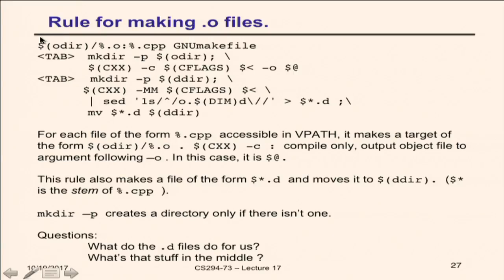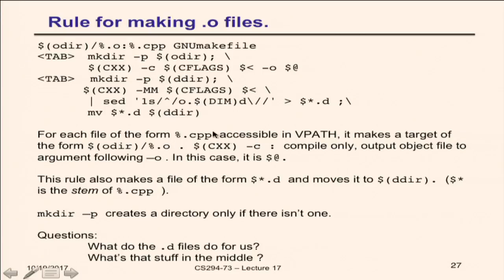This is the rule for making the same thing with an O2D slash in front of it, prepended to that. So it depends on the CPP file itself, it depends on the makefile, and then here are the recipes. So for a rule, you need to have dependencies and recipes. The recipe here is given below.